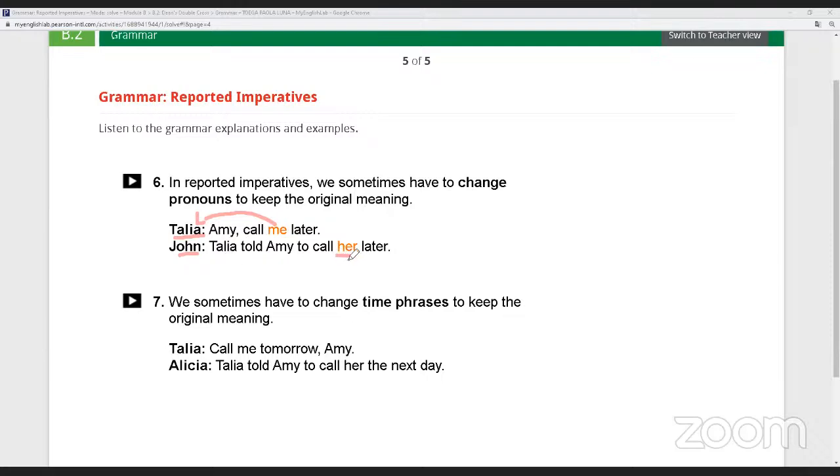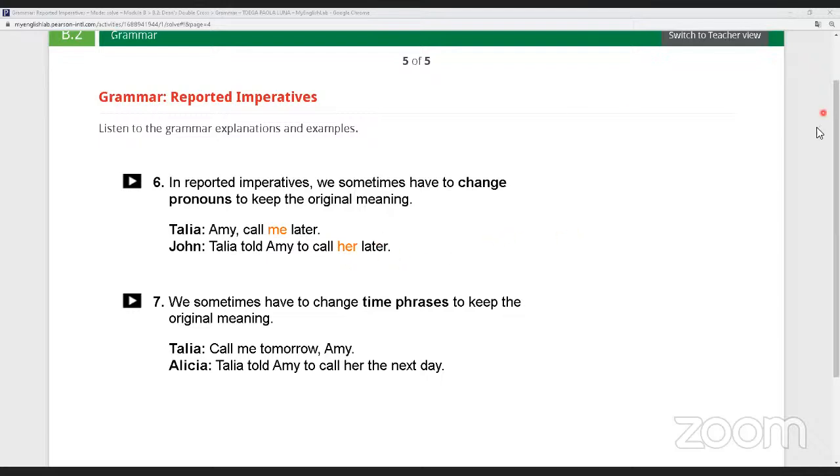Talia told Amy to call her. Why am I using her? Because I'm talking about Talia, and I'm replacing this subject pronoun with her, okay? So we actually do that. If I'm going to tell you, for example, take care of yourself, right?